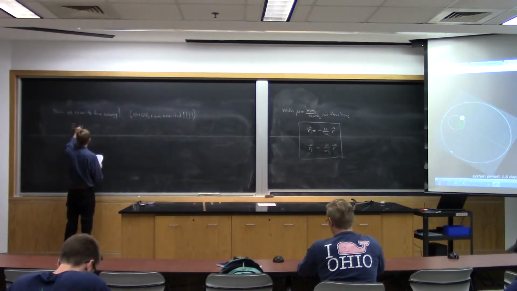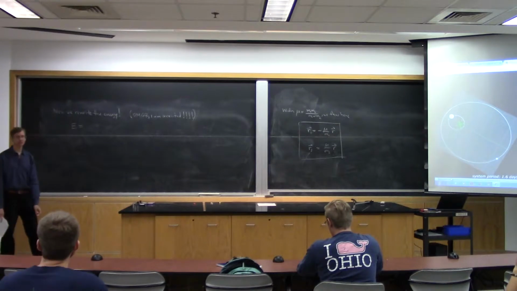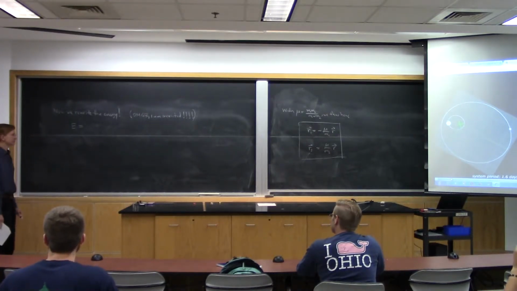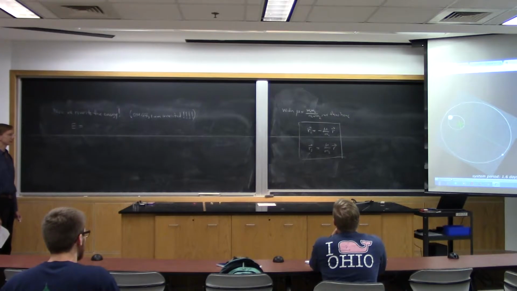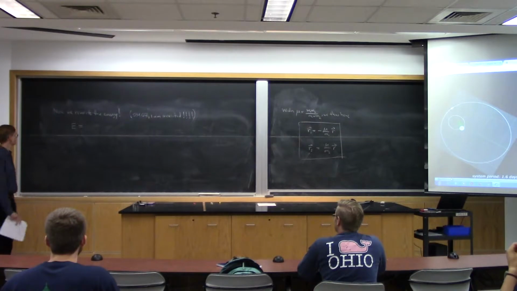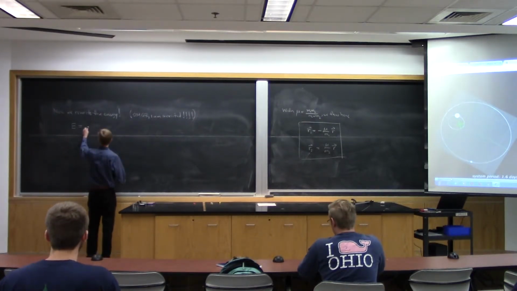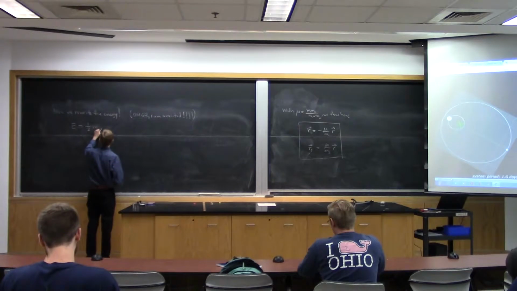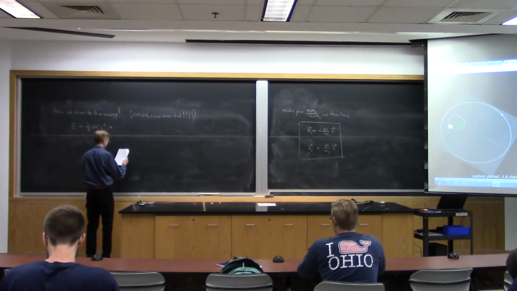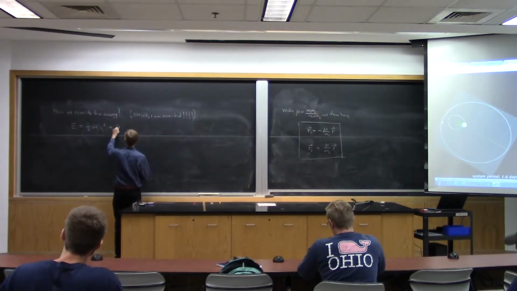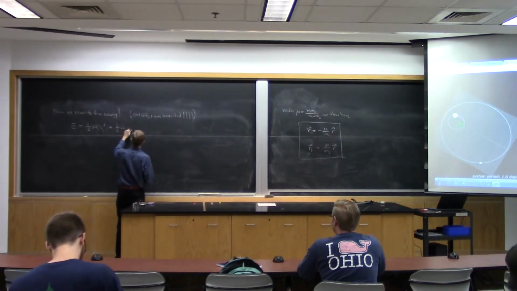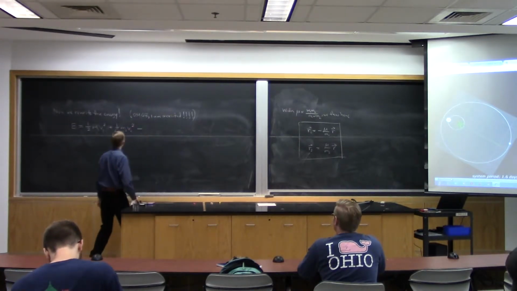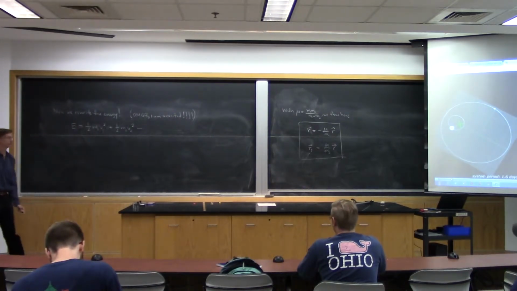So in terms of the one-body problem, energy will be the sum of the kinetic energies plus the mutual gravitational potential energy. So, what's the generic expression for kinetic energy? 1/2 m v squared. So there will be a 1/2 m1 v1 squared and a 1/2 m2 v2 squared. And so this is in the one-body problem, just from first principles.